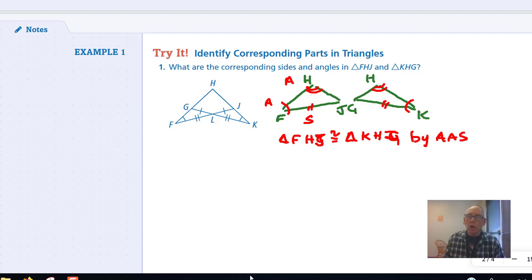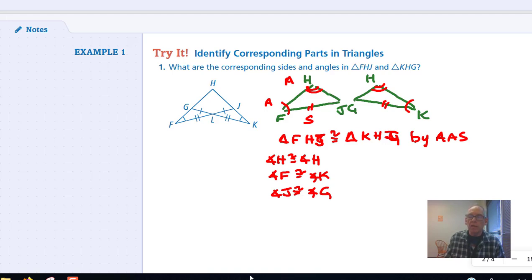Since they're congruent, all the corresponding parts are congruent. So angle H is congruent to itself. Angle F, I can go from the diagram, is congruent to angle K. Or I could use the congruent statement: F goes with K, H goes with H, J goes with G, in terms of their positions, since I have the congruence named in the right order.